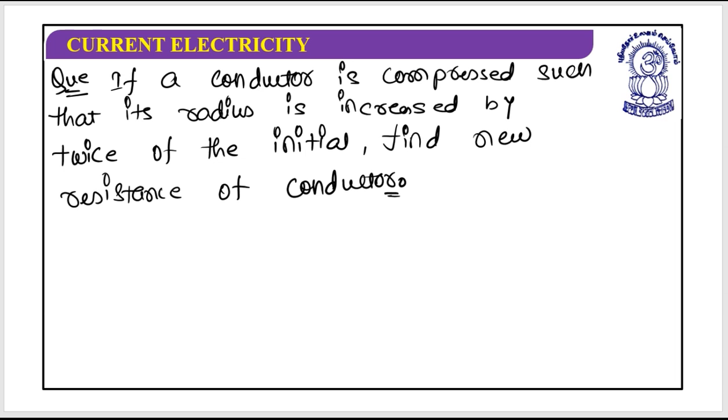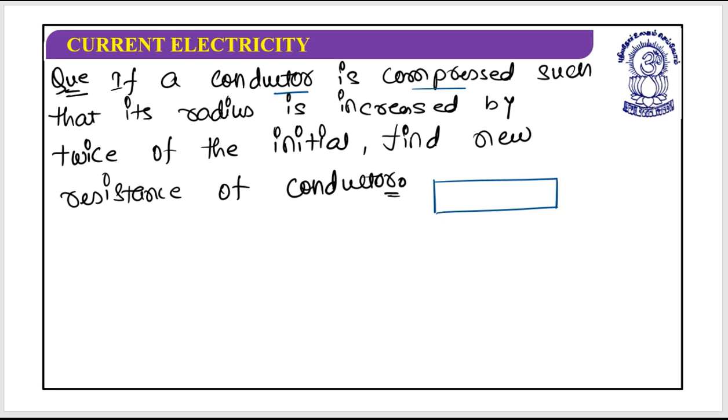Here they have not directly said that the volume remains constant, but you need to decide whether to consider that the volume remains constant or not. Yes, because they said the conductor is compressed, so the situation may look like this.